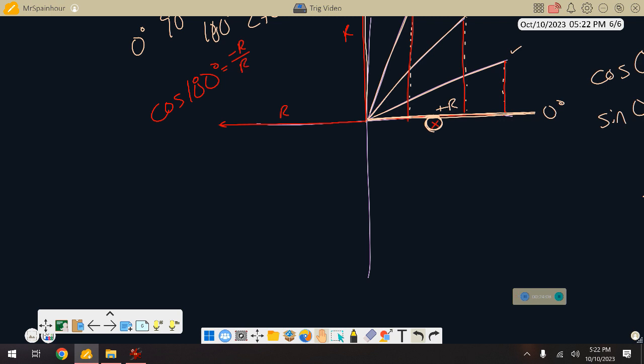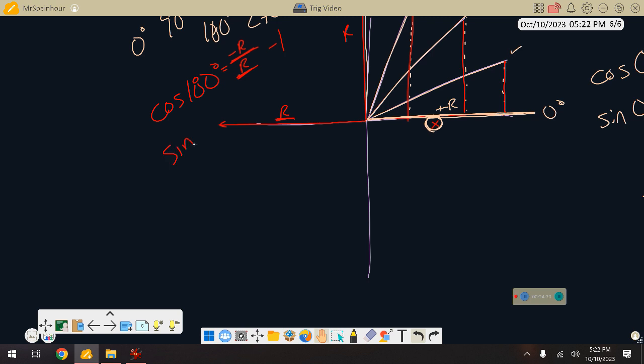And once again, people confuse because why are there 2 r's here? Well, it's just represented by the exact same number. This guy says how much of it's adjacent, or on the x, r, going in the negative direction. And this says, hey, how big's the line? Also r. So the cosine of 180 is -1.